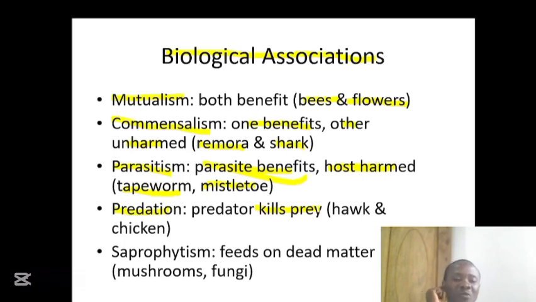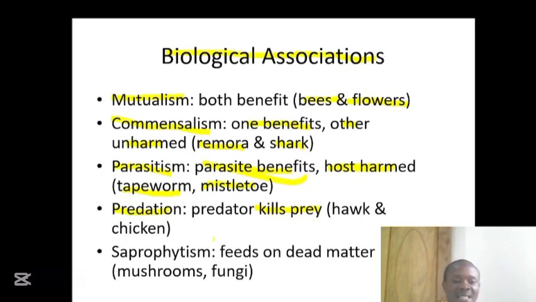The main intention of the lion is to kill the deer and consume it. But in the case of parasitism, the aim of the parasite is not to kill the host, because the parasite knows if it kills the host, it will not survive as well. So the main aim of the parasite is just to benefit from the host.